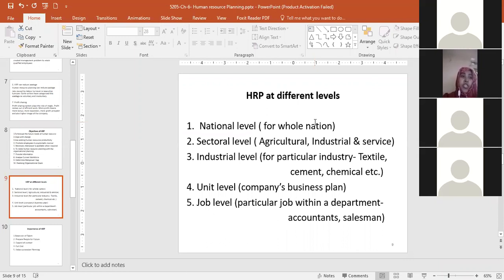Human resource planning needs a particular job family within a department, like accounts, salesmen, etc. These are all the human resource planning at different levels.